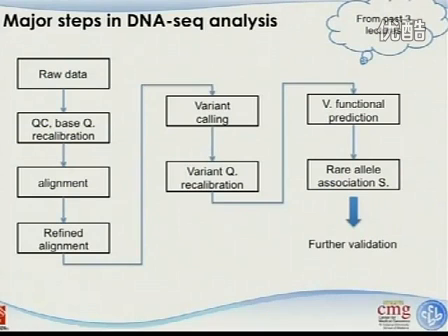So after we do quality recalibration, let's say we identify 30,000 variations in the exon sequencing experiment, but which one is potentially functionally important? There are a lot of other statistical approaches before this step, but once we have hundreds of variation candidates, we need to predict which one is potentially functional.